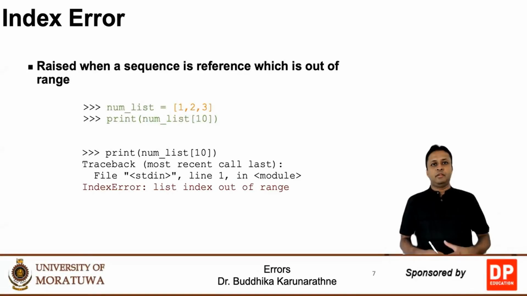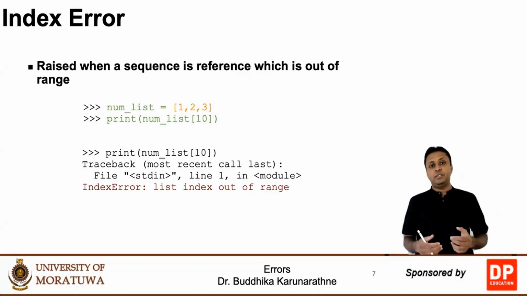Now let's look at index error. This happens when we try to access a value from a sequence, but the referenced index is out of range. We have an example. So here, my list only has 3 items, and the index of my list is ranging from 0 to 2.